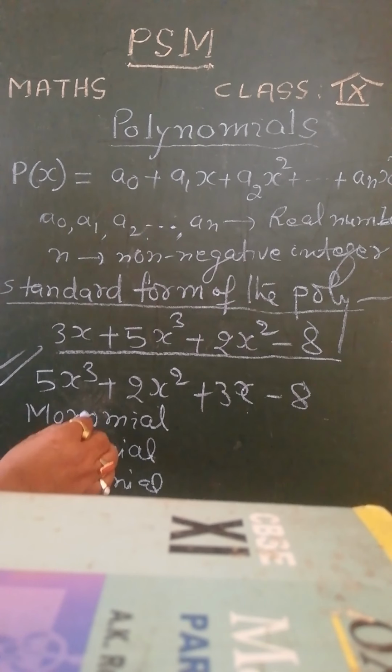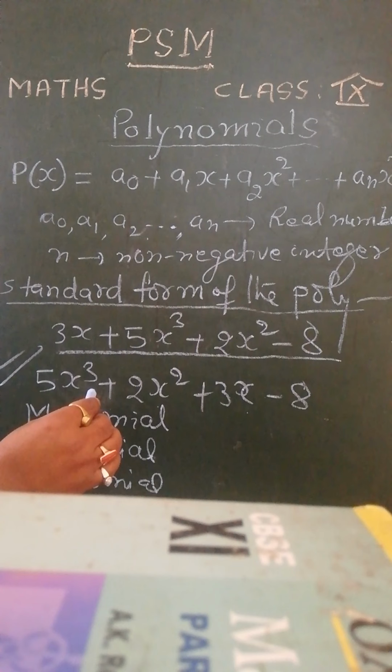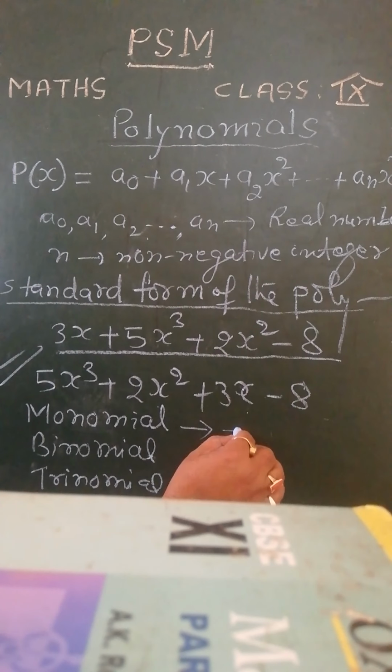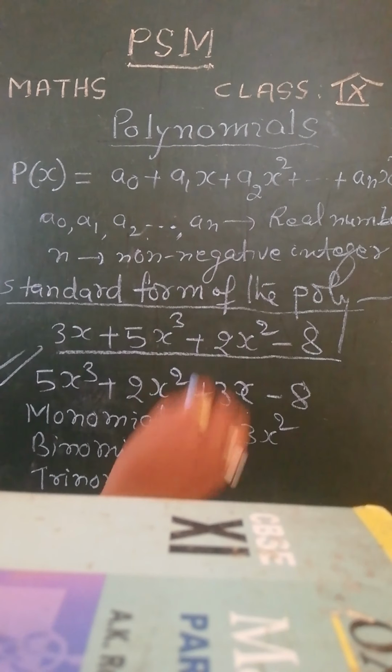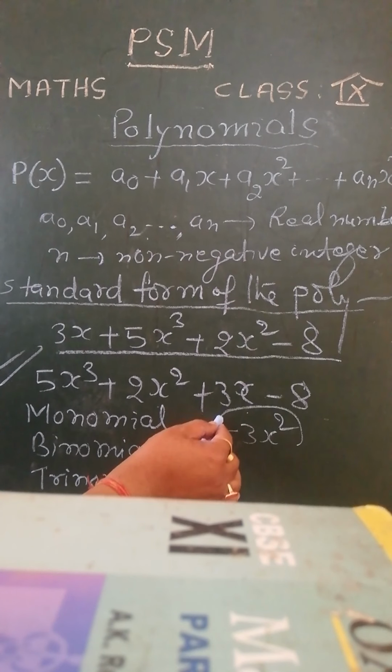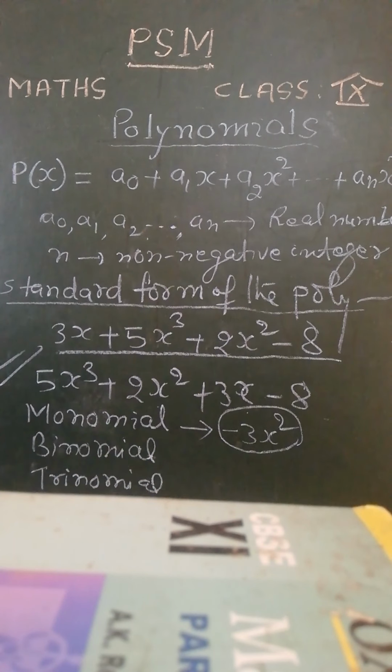A polynomial is said to be a monomial if it consists of only one term. For example, minus 3x square only. This minus 3x square has only one term, so this is a monomial. 5x cube, this is a monomial.